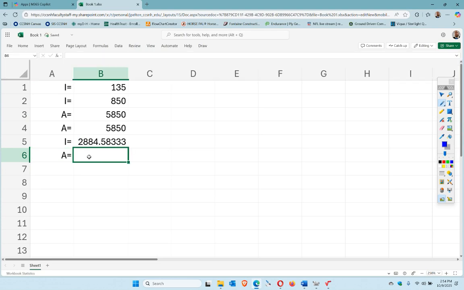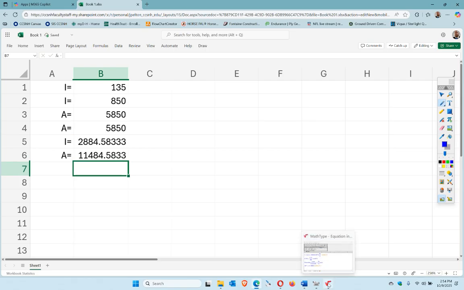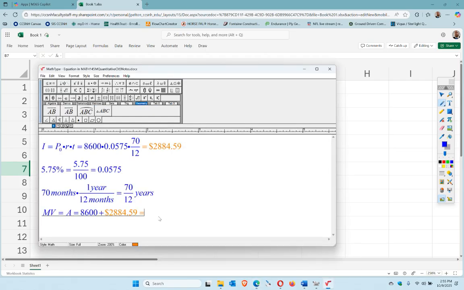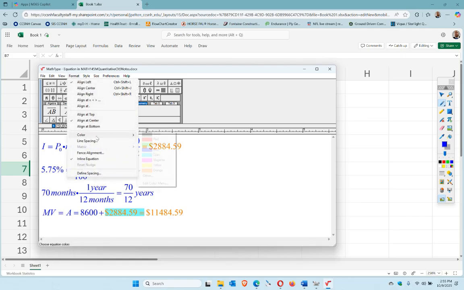So I'm going to do equals 8,600 plus, and then I'm going to click on this box right here to add for me, right? And that gives me 11,484.59.